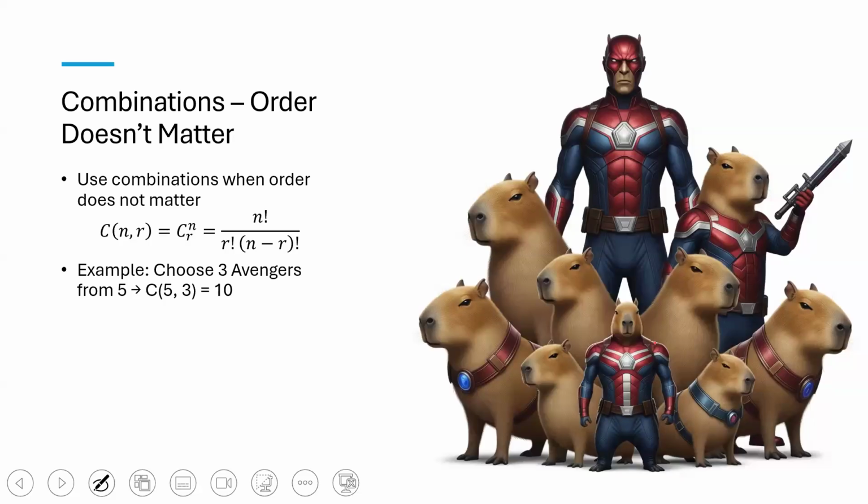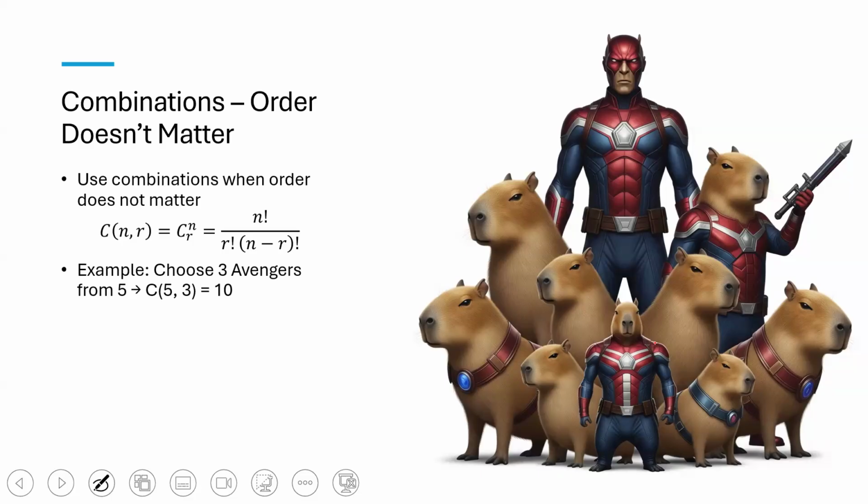Sometimes order doesn't matter. Only which items are selected matters. That's when we use combinations. The formula is n factorial divided by r factorial times n minus r factorial. Let's say Tony Stark wants to send a 3-person team from 5 Avengers.